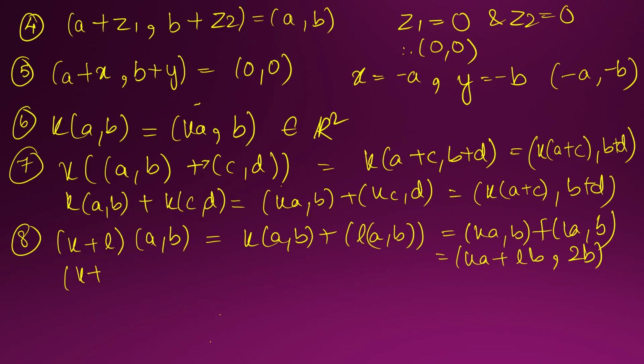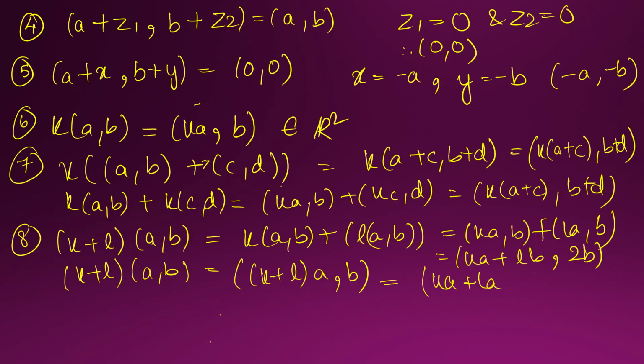On the other side, let's assume K plus L as a scalar, so we can write it as K plus L into A comma B. Just open the brackets. Is it equal to 2B? The first part is fine, but this is not fine. Therefore, eighth property failed. Therefore, not a vector space.